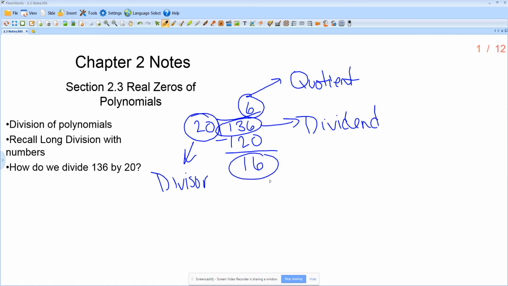And the 16 is our remainder. We're going to use this same sort of algorithm of what times 20 can go into 136 and get some remainder to divide out polynomials.